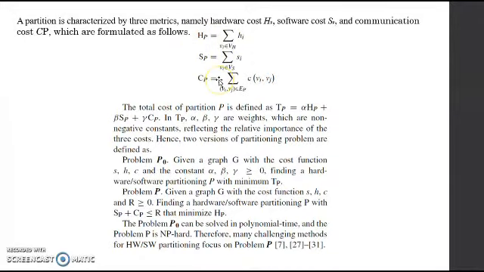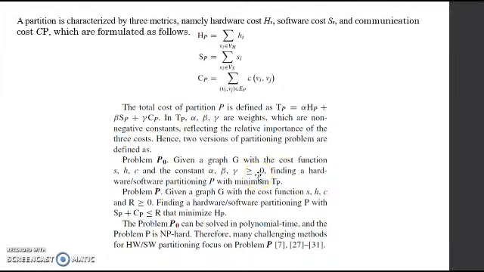These are the formulas, and basically this gives you the relation of the total cost of partition P, which is defined as alpha HP plus beta SP plus gamma CP. TP is the total cost of partitioning, and alpha, beta, and gamma are non-negative constants reflecting the relative importance of the three costs.